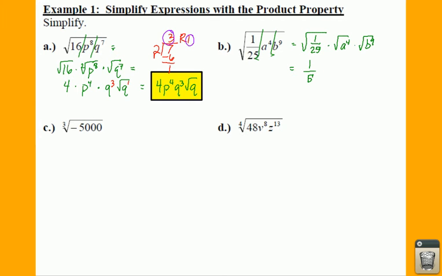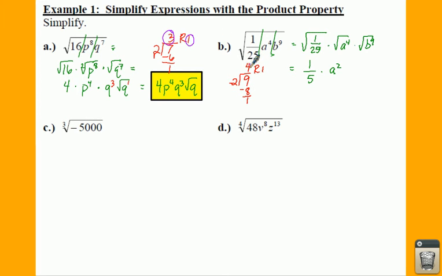Oof, man, my pen is just not working very well, sorry. That's a 1/5 times a squared. Now b to the 9th, remember we're going to take 9 divided by your index, which is a 2, gives you a 4 with a remainder of 1.